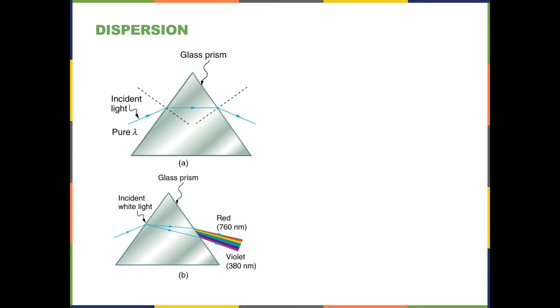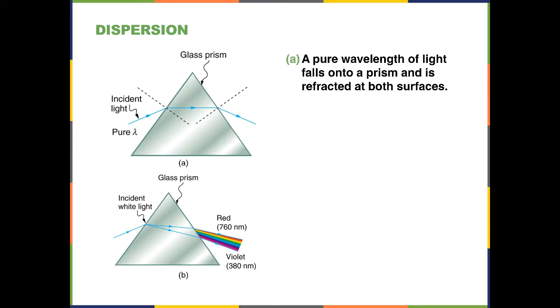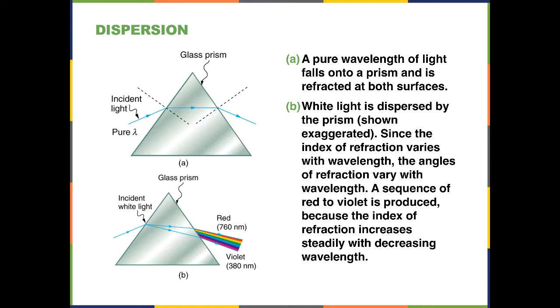In a perfect situation, with a pure wavelength of light, that is a light ray that has only one wavelength in it, the refraction occurs at both surfaces and bends as shown in diagram A. However, white light is not perfect. It is not a single wavelength, but it actually contains these various wavelengths.